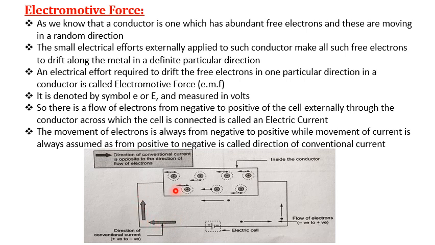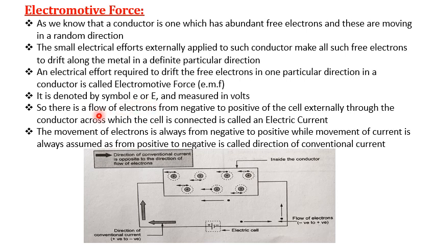That means electron and current direction will be opposite to each other. And this is the electromotive force. It is denoted by the symbol small e or capital E, and it is measured in volts. Electromotive force can also be called EMF.